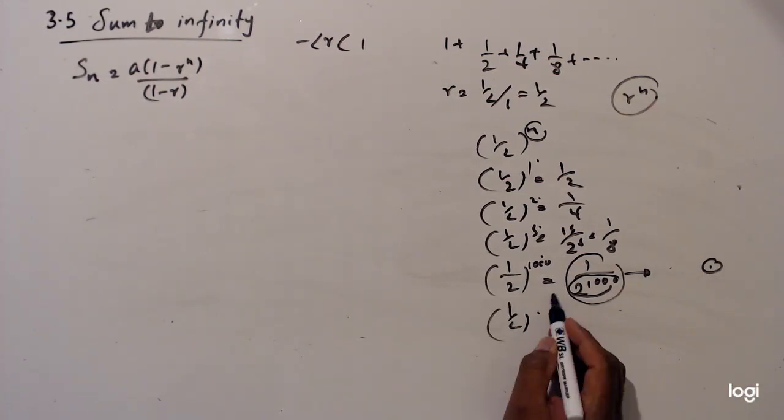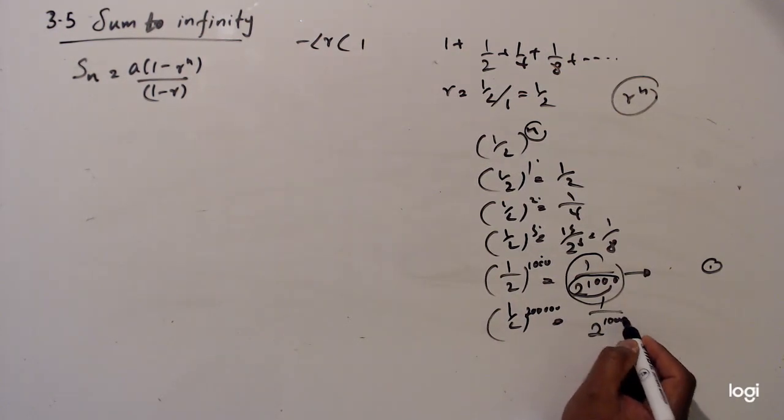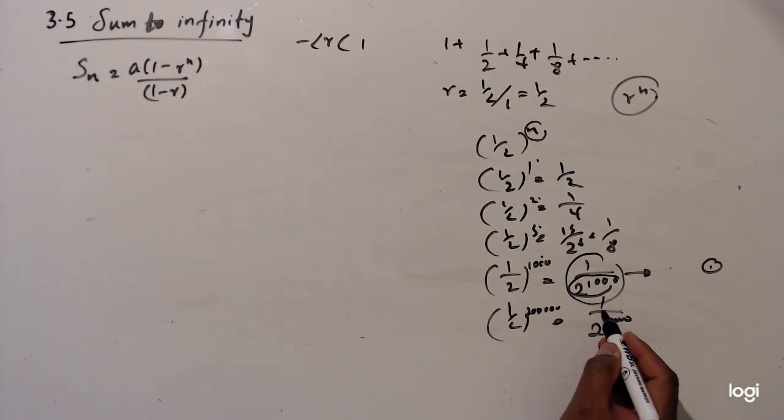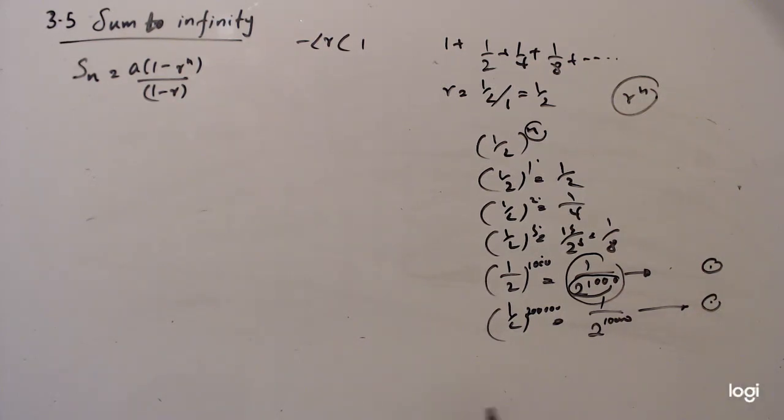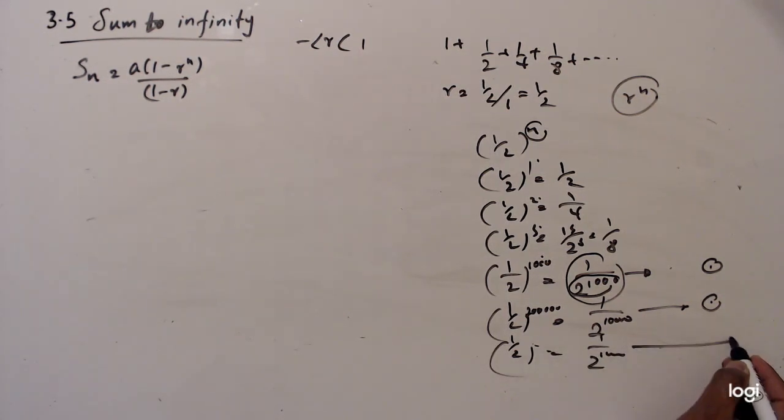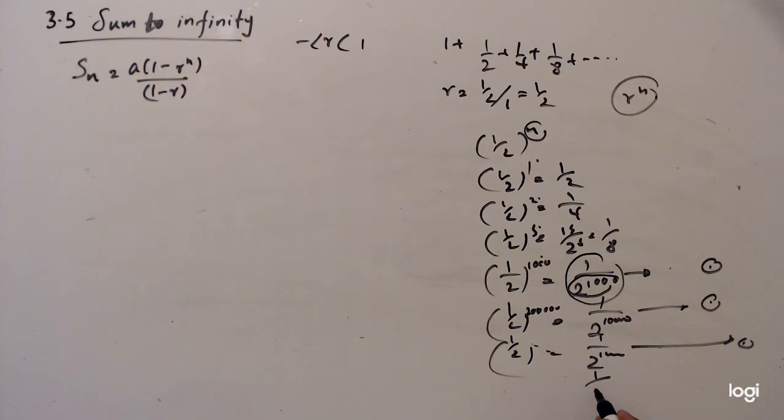Now half to the power 200,000 is 1 over 2 to the power 200,000. When you divide the number 1 by a very big number, the value goes toward 0. If you divide 1 by 2 to the power 1 billion, it is almost 0. Basically, 1 over 2 to the power infinity means 1 over infinity, which is almost 0.